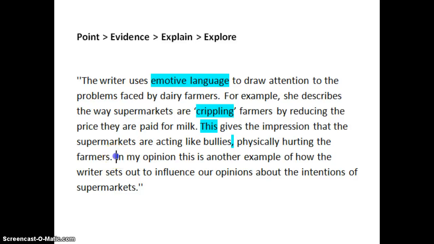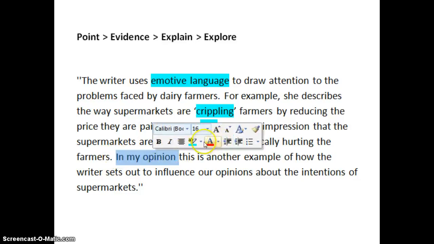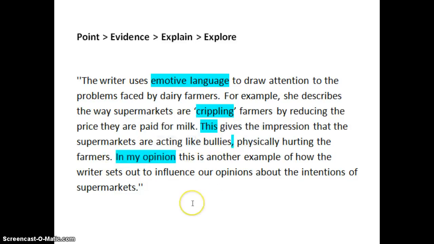And then in the final sentence, the fourth and final sentence, we have a discourse marker there, in my opinion, and in this final sentence the student makes the point, this is another example of how the writer sets out to influence our opinions about the intentions of supermarkets.